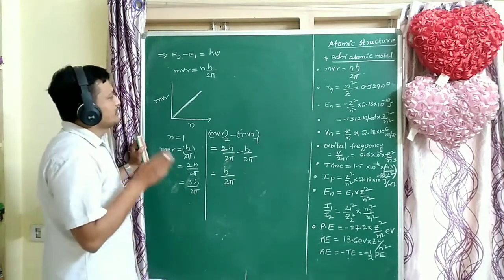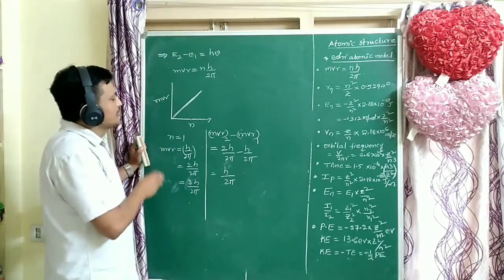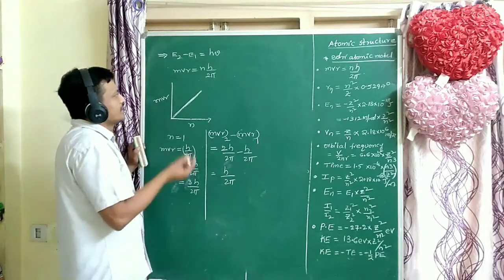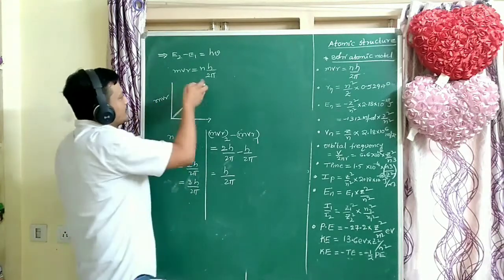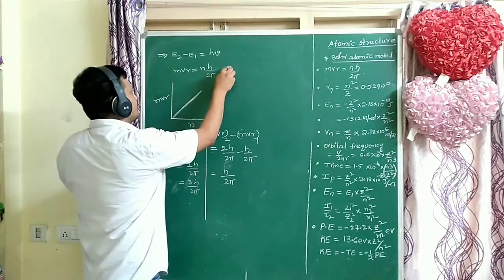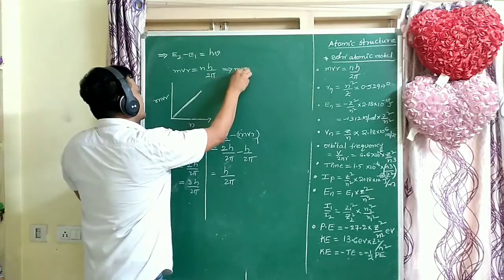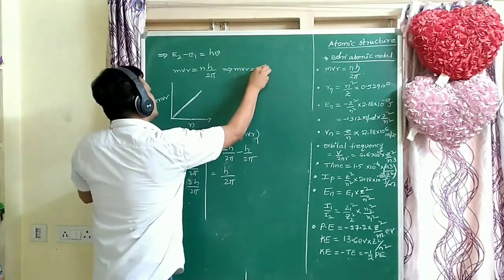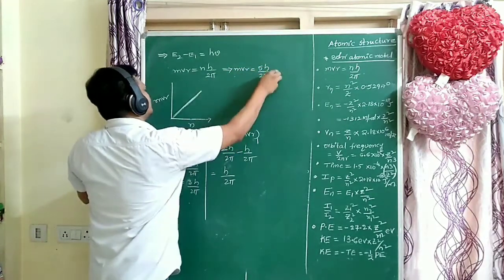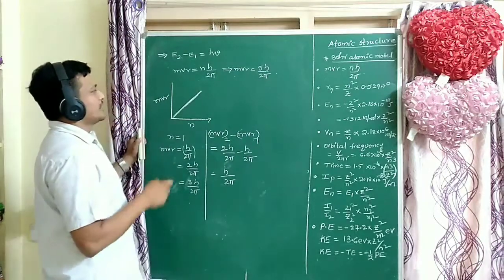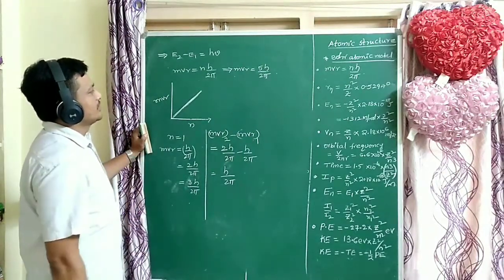Based on this formula, very simple problems can be asked. What is the angular momentum of the fifth orbit? For the fifth orbit, mvr equals 5h by 2 pi. That is a very easy formula.